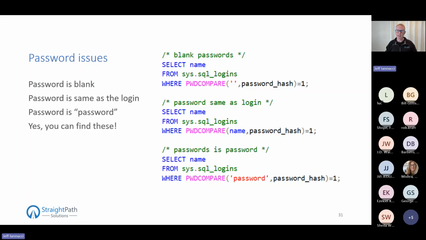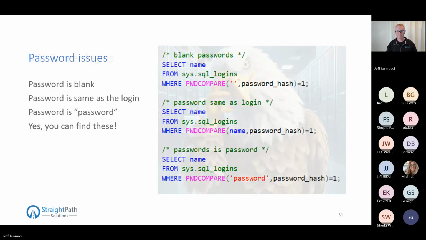I can't tell you how many times I have found accounts that have either a blank password or the word password or the same as the login. It's really fun when you find those and they're in the sysadmin role, because these are going to be the easiest passwords in the world to guess. Again, I'm sharing this information with you to find it and then go back and have a conversation with whoever owns those accounts to say, let's make these a wee bit more secure.